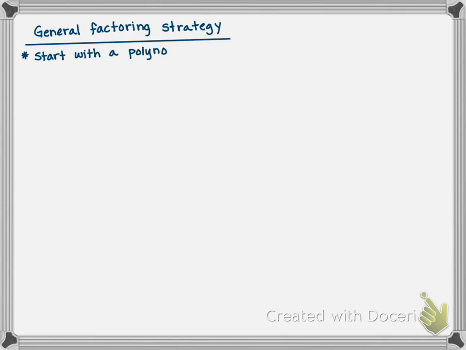So descending order refers to the order of the degrees. So we're going in descending degree.